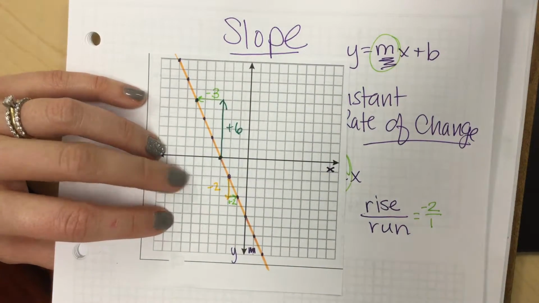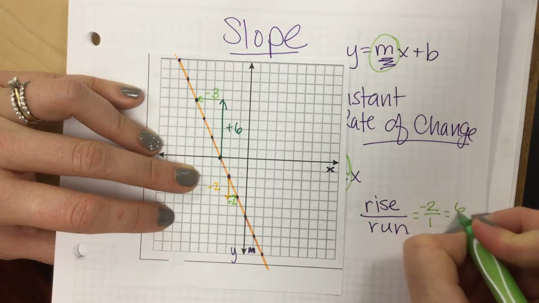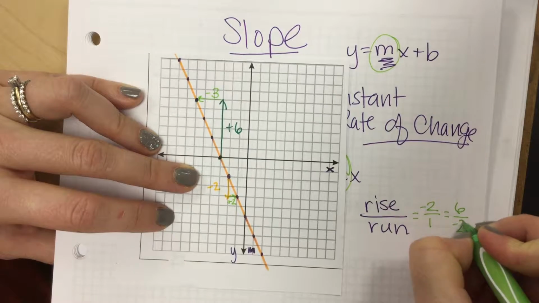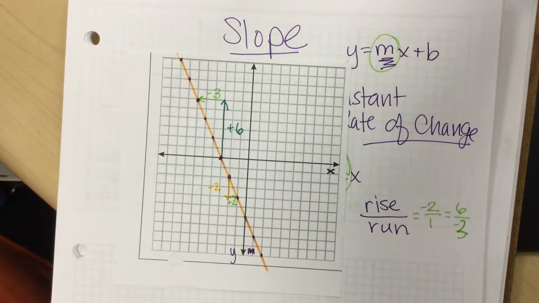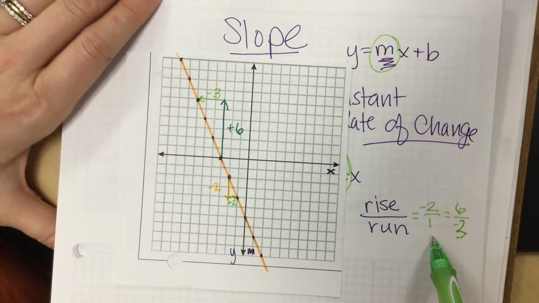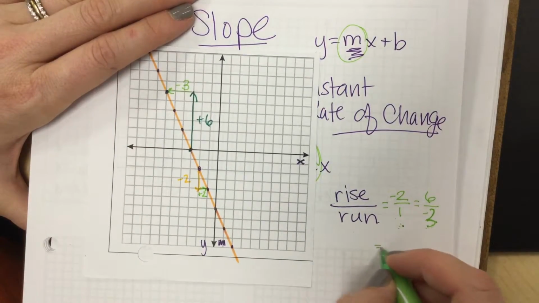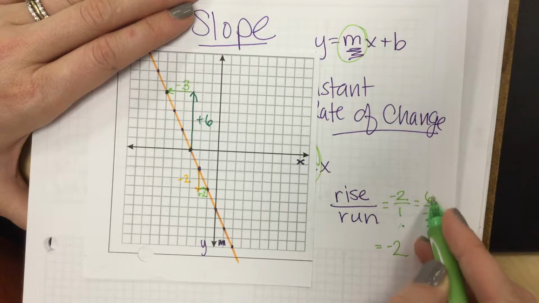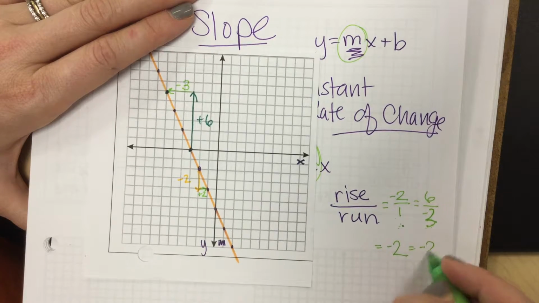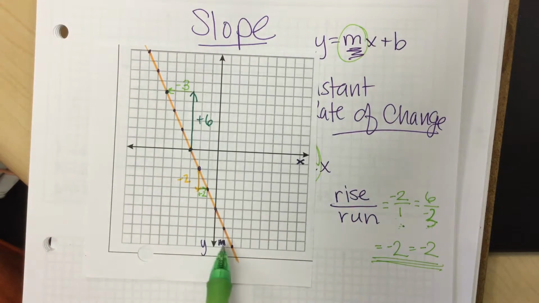So they might get a different answer here saying that the slope is +6 over -3. These numbers are equivalent to one another. Okay, -2 over 1 reduces to -2, and 6 over -3 also reduces to -2. In this line, the slope is -2.